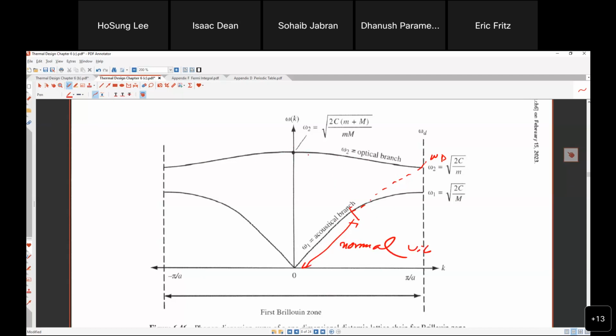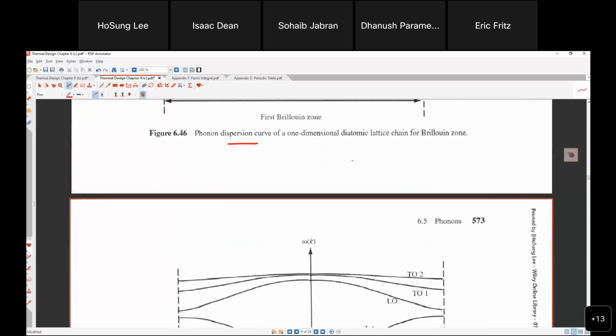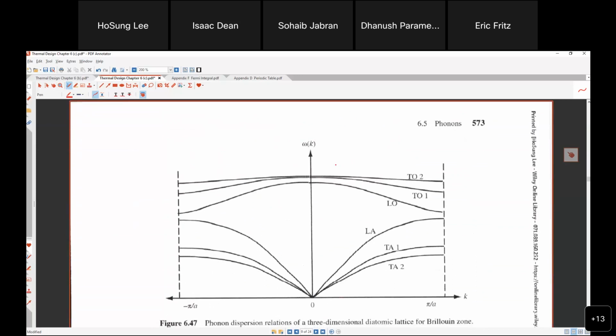We say optical, and this is the nature of electromagnetic waves. Actually, this creates the electromagnetic wave. Anyhow, so we're focusing on that, and actually it was one-dimensional, but now it's three-dimensional.